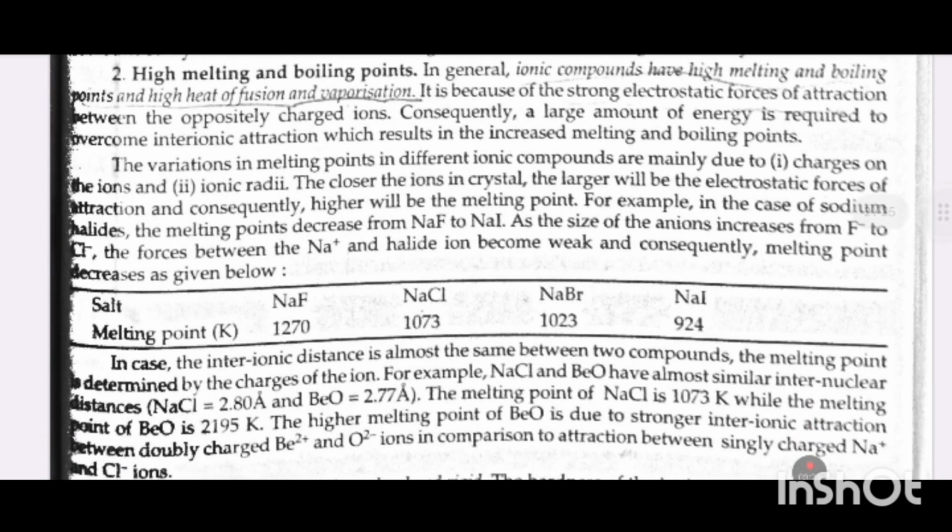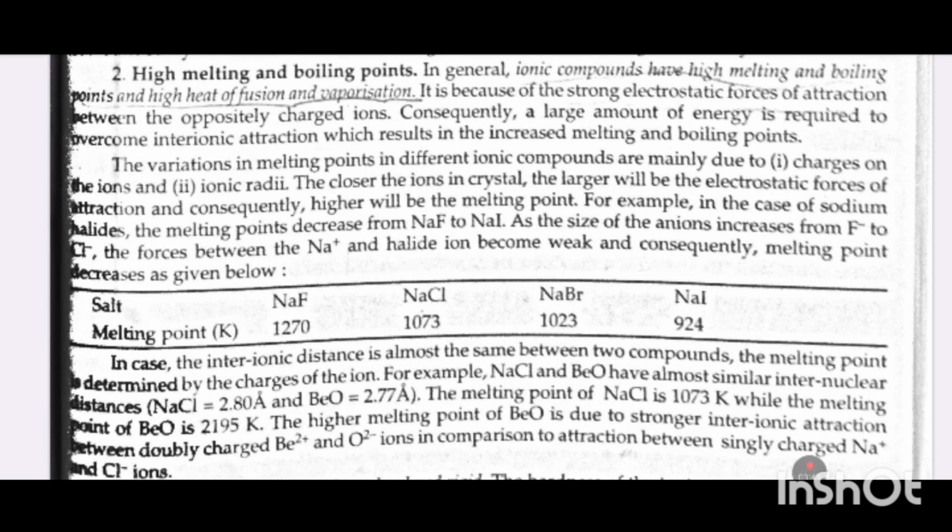The variation in melting point in different ionic compounds is mainly due to, first, charges on the ions and, second, ionic radii. The closer the ions in the crystal, the larger will be the electrostatic forces of attraction and consequently higher will be the melting point.